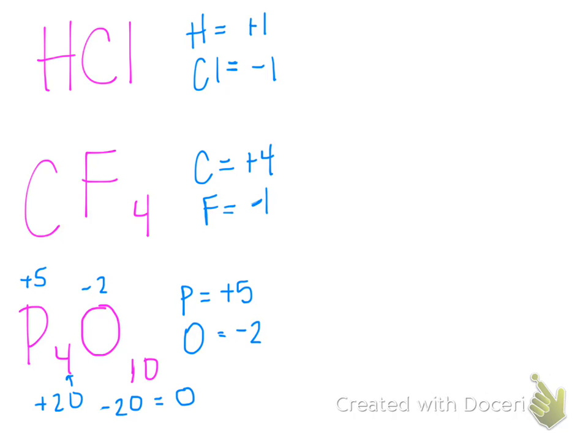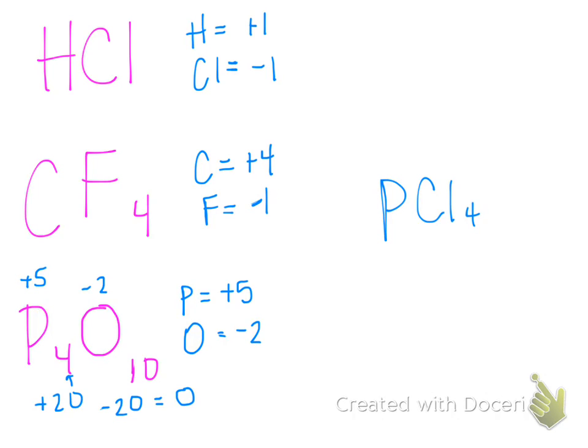So if you don't know the oxidation numbers of the ions, is it just the atom's charge? If we had one that doesn't have oxygen or fluorine or hydrogen in it, let's try one. This one now doesn't have fluorine or oxygen or hydrogen in it.